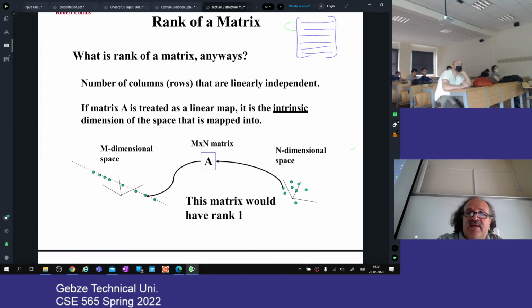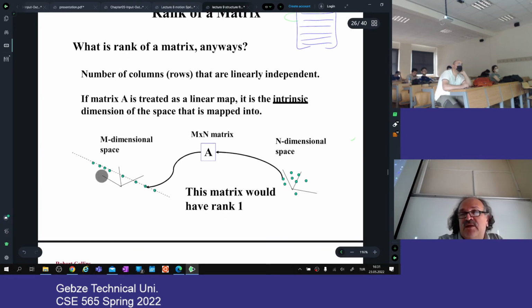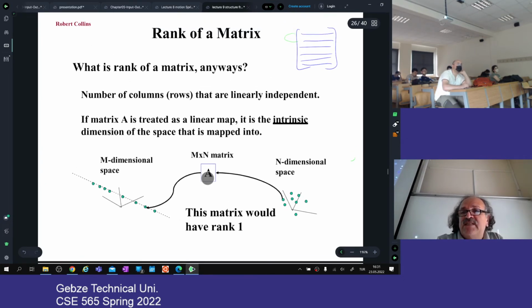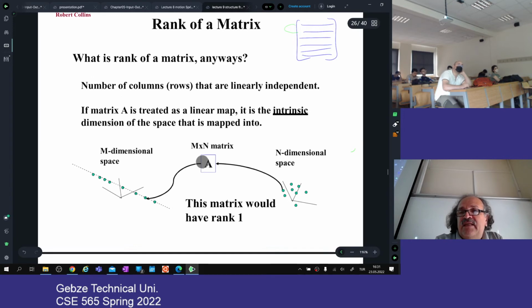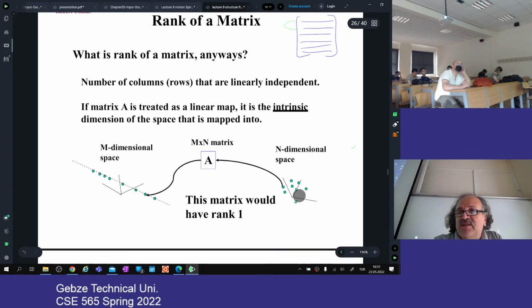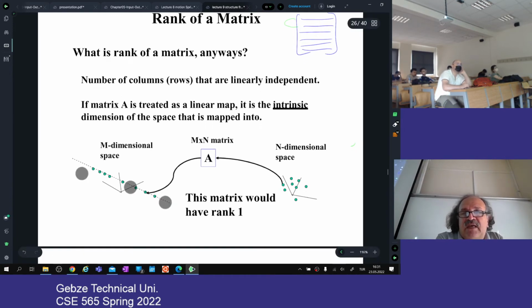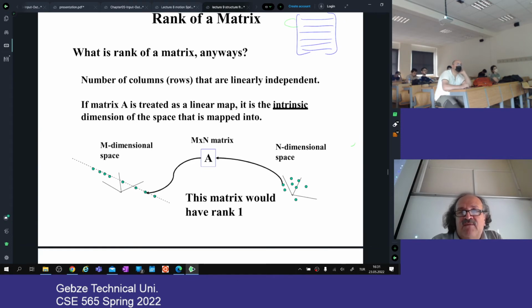Very special matrix for this space. It knows that space very well because it can reduce the space to a one-dimensional line inside this n-dimensional space.